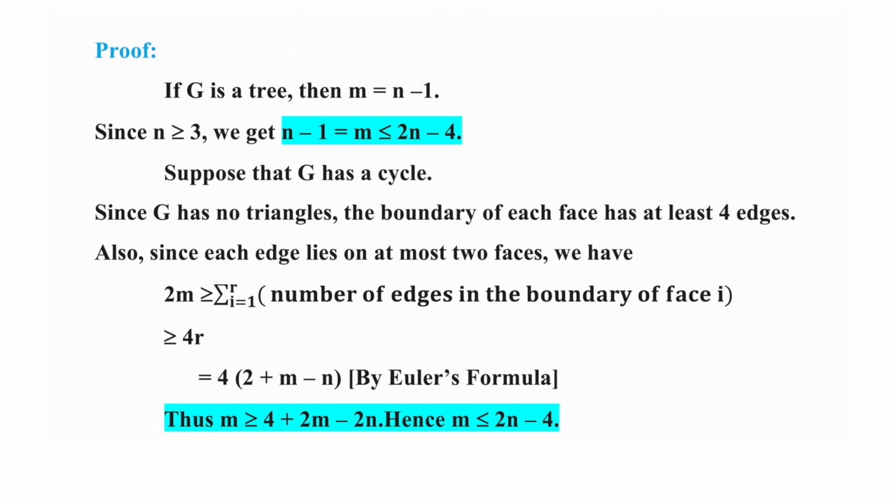Since G has no triangles, the boundary of each face has at least 4 edges. Also, since each edge lies on at most 2 faces, we have 2m is greater than or equal to the sum over i equals 1 to r of the edges in face i, which is always greater than or equal to 4r, which is equal to 4 into (2 plus m minus n). Hence, 2m is greater than or equal to 8 plus 4m minus 4n. So, we have m is less than or equal to 2n minus 4.